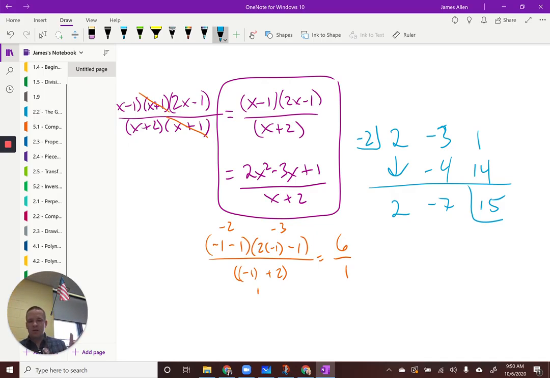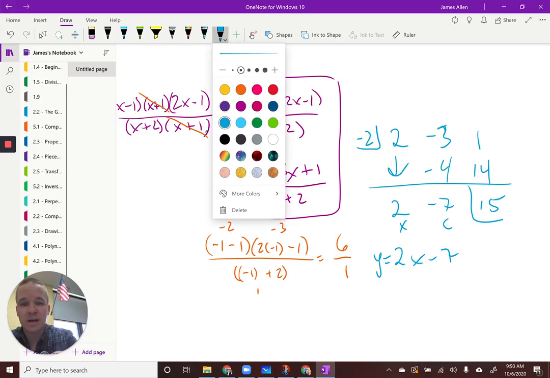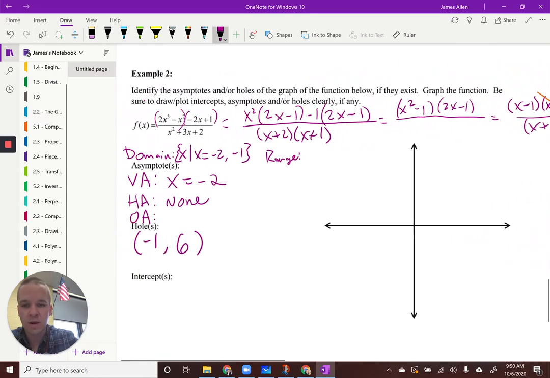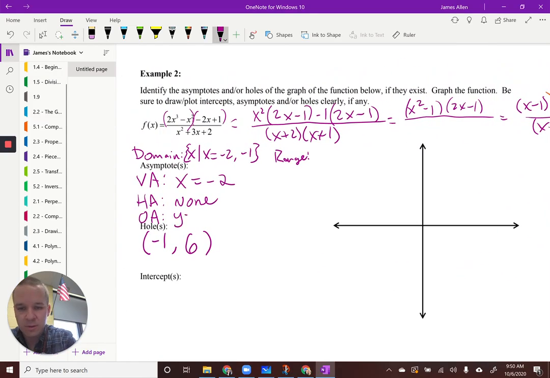That's just my remainder. All I'm using is that this is my coefficient of the linear term, and this is my constant. So y equals 2x minus 7. That is my oblique asymptote. Let's jot that down back in my more organized work over here. So that's y equals 2x minus 7.